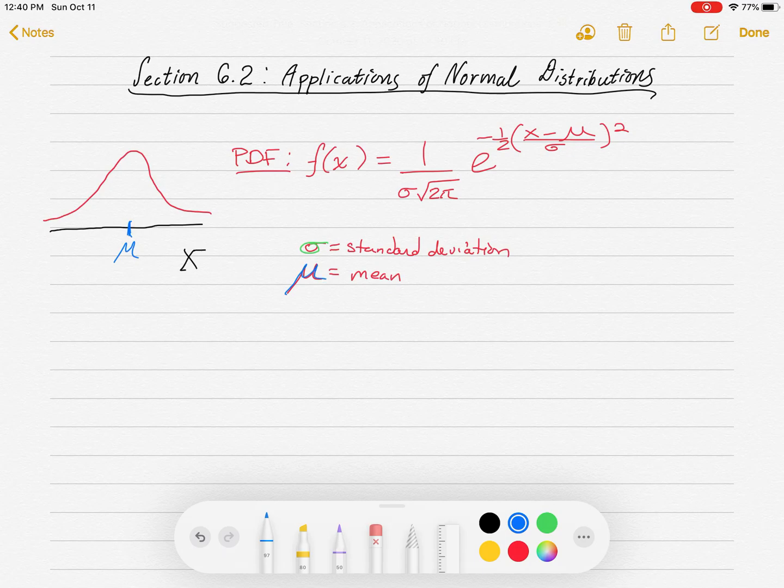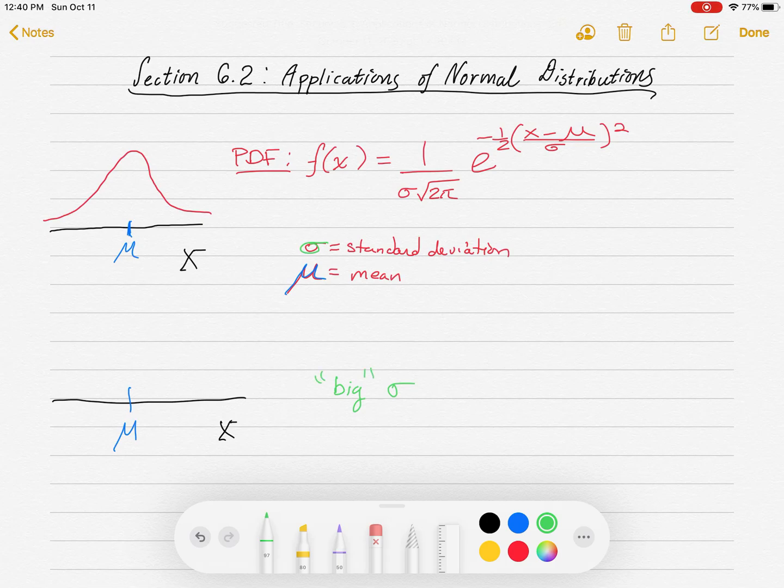So some things about the normal distribution: the standard deviation and the mean, you can alter those. So if I keep the mean the same, let me draw a picture. This is my normal distribution for my variable x. Let's say I keep the mean the same. I don't change that number.